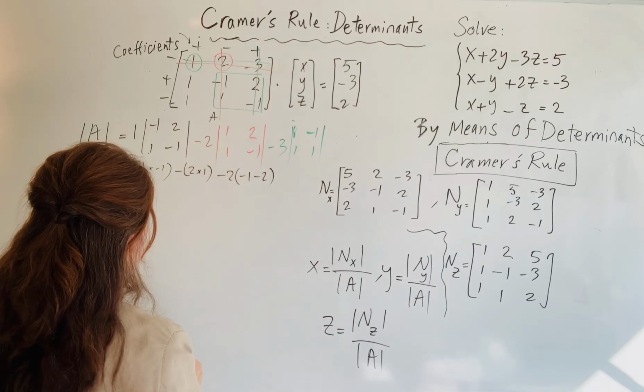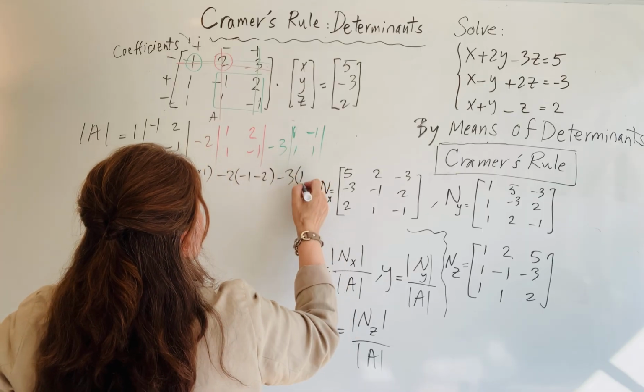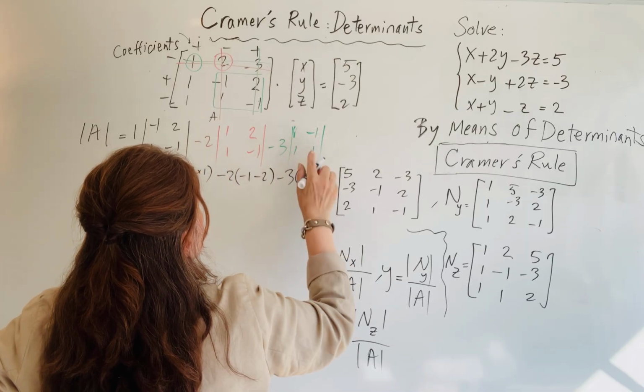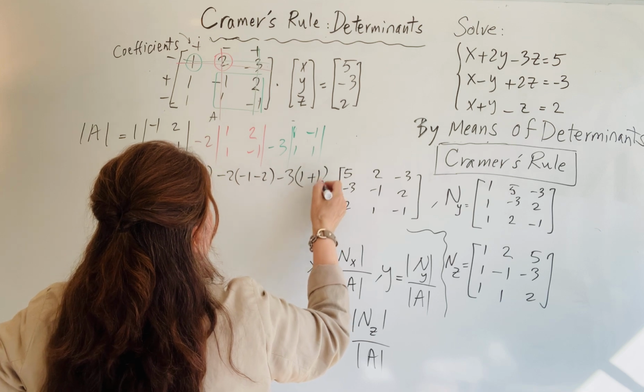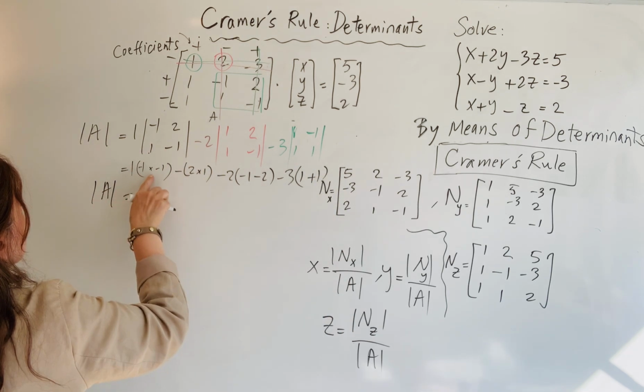The third is negative 3 times 1 times 1, minus negative 1, plus 1.